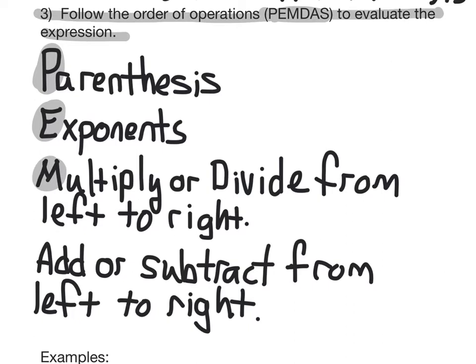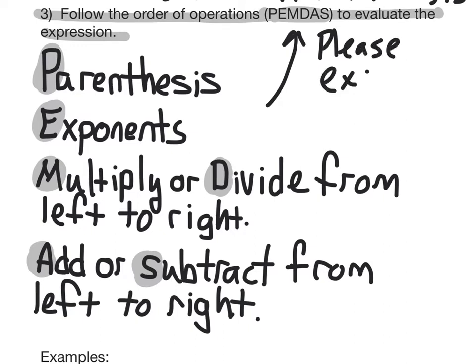M and D mean you multiply or divide, whichever comes first, from left to right. The A and the S stand for add or subtract, whichever comes first, from left to right. Those letters put together make PEMDAS, which we remember by saying Please Excuse My Dear Aunt Sally.